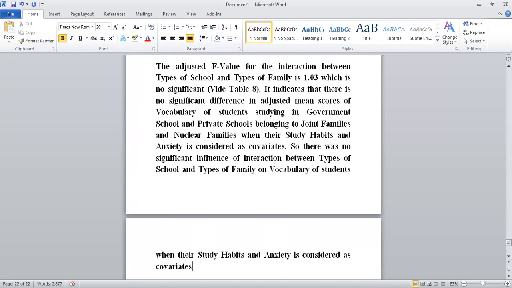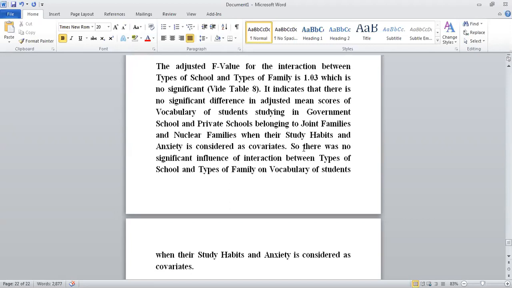So there was no significant influence of interaction between types of school and types of family on vocabulary of students when their study habits and anxiety is considered as covariates.